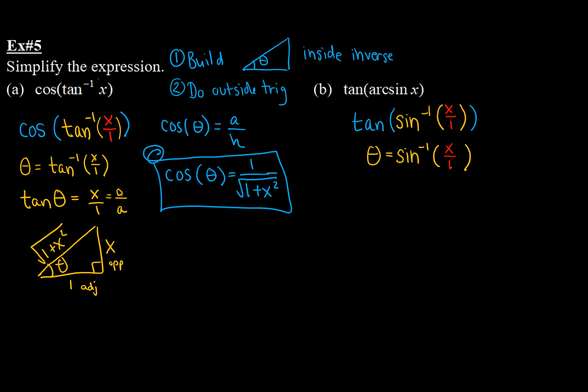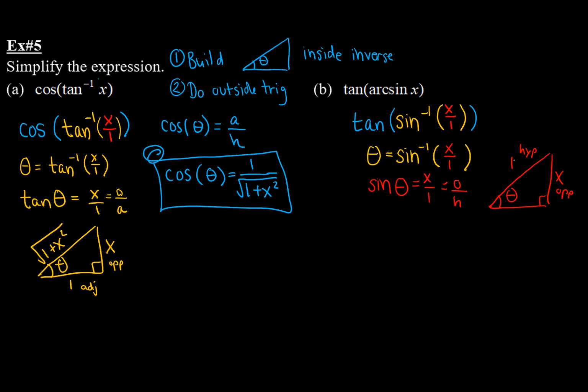All right, welcome back. I took the luxury of color coding it. So at this point, we know that the sine of theta would give us x over 1, and the sine is opposite over hypotenuse. So when I build my triangle, my opposite side is going to be x, and my hypotenuse is going to be 1. To find the adjacent side, I need to do the Pythagorean theorem.